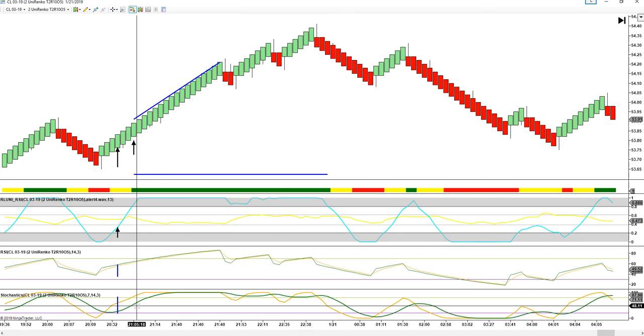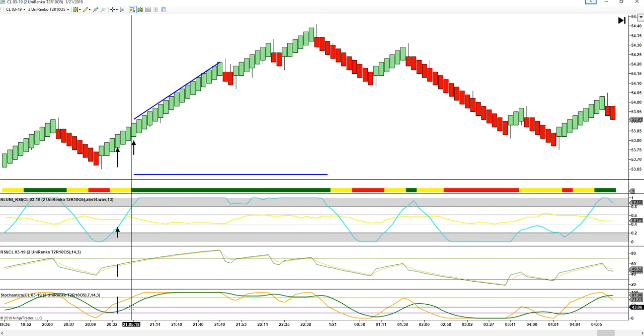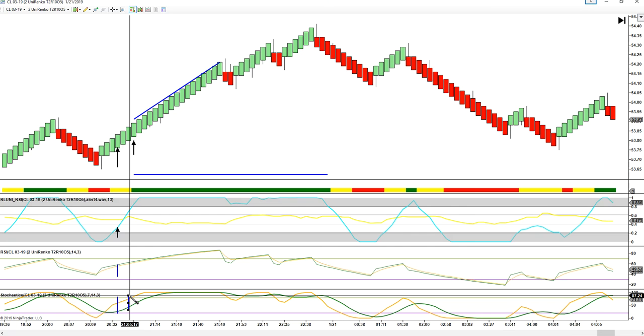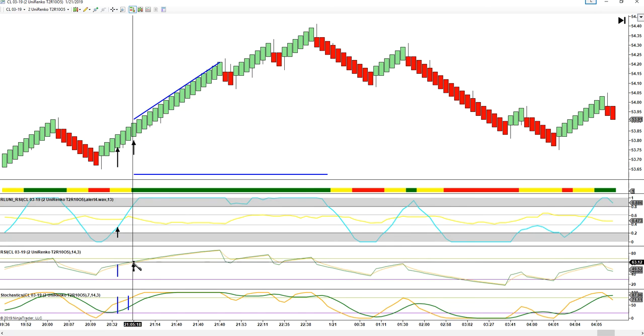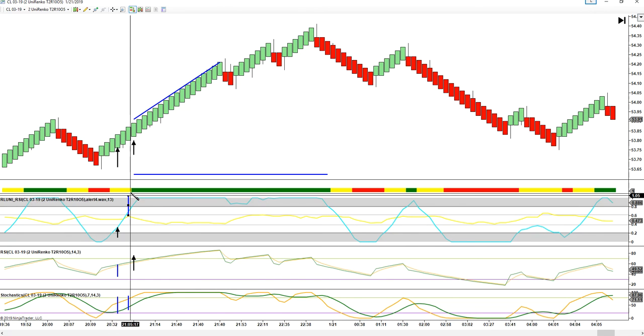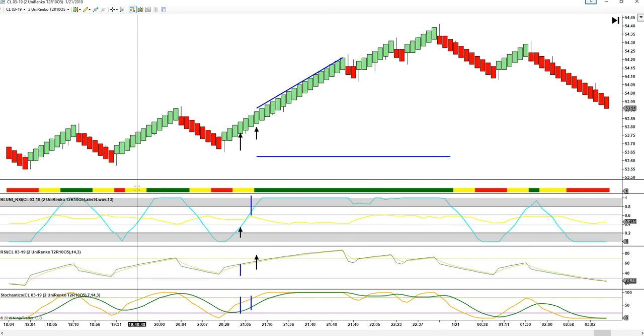Look at stochastic right here. When we're green and locked on the Laguerre, stochastic gives us nothing. Relative strength gives us nothing. And our modified Laguerre tells us everything. And let's take a look at another move.